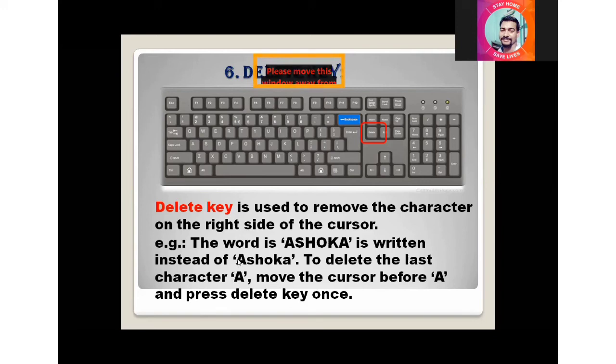You have to keep the cursor before it, no? If you put it here and press the delete key once, A will be deleted. When you press the delete key, this side will be removed. One time, one letter; two times, two letters.